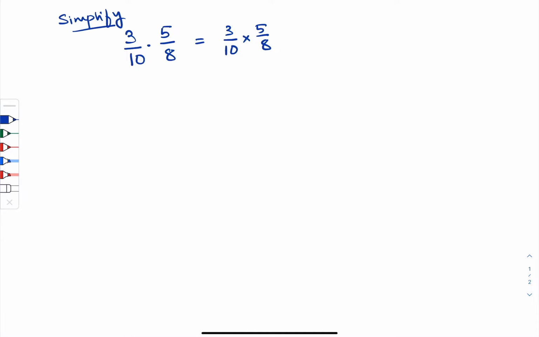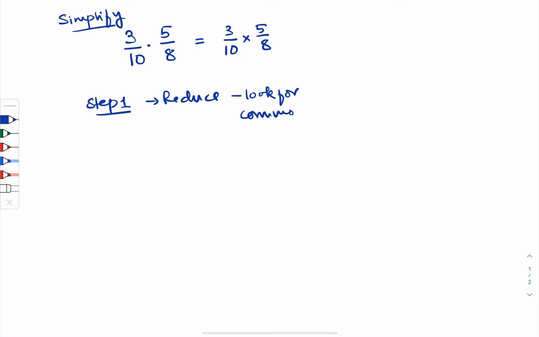So whenever you simplify any terms, especially when you're talking about fractions, you really need to follow two steps. Okay, so step one is basically reduce. And what I mean when I say reduce is you look for common factors, and these common factors could be between any numerator and denominator.